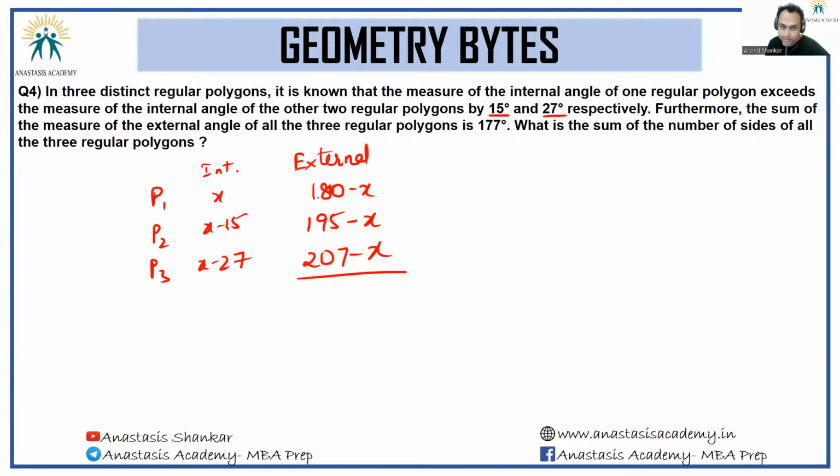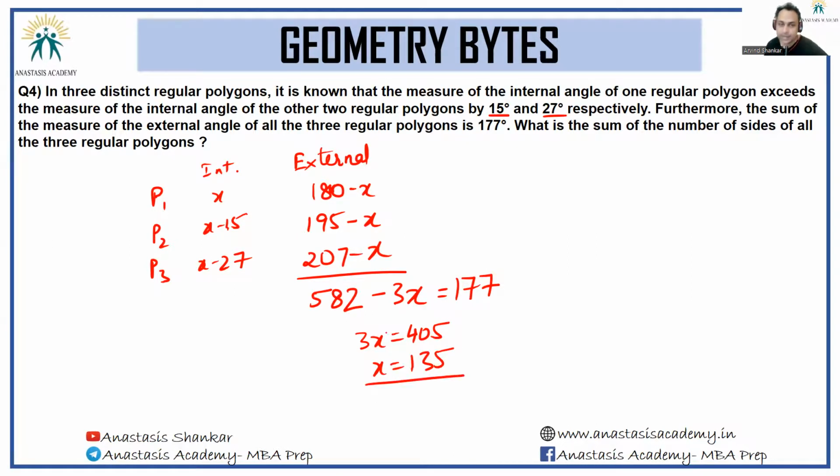In algebraic terms, this would add up to 180, 180, 180, 540, 540 plus 42, so 582. 582 minus 3X is equal to 177. Okay, so 3X will be equal to 405 or X will be equal to 135.